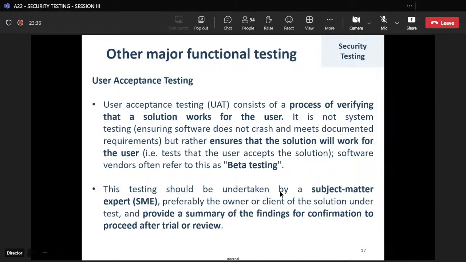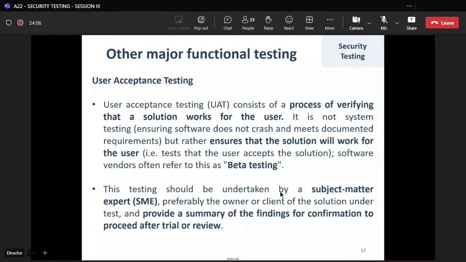So they are trying to carry out testing activities which will be accepted by the user community. Generally this testing is performed by the SMEs, subject matter experts. They know what they requested, and after validation of the output, they will certify that this is the one they are looking for in their business requirements.